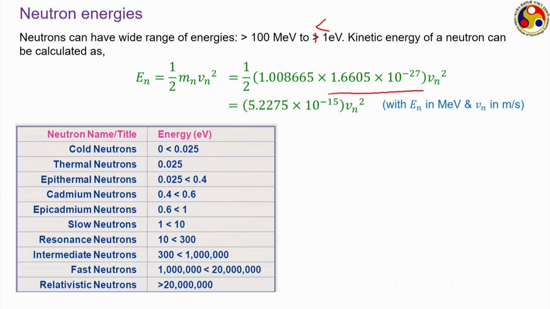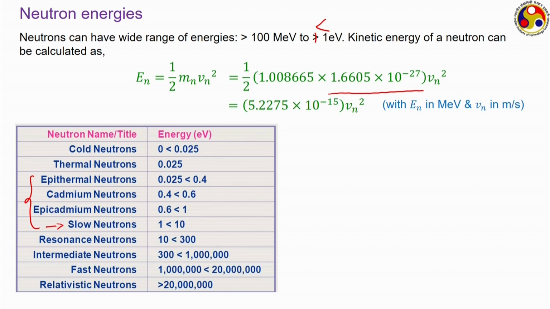Say for example, slow neutron refers to, as per IAEA guideline, neutrons having energy between 1 to 10 electron volt, but generally this entire group we shall be calling slow neutrons, that is any neutron having energy less than 10 electron volt.